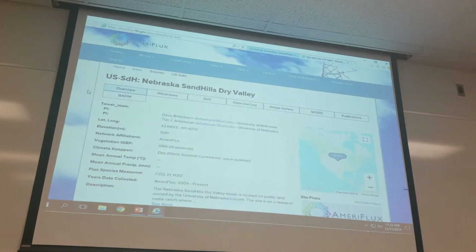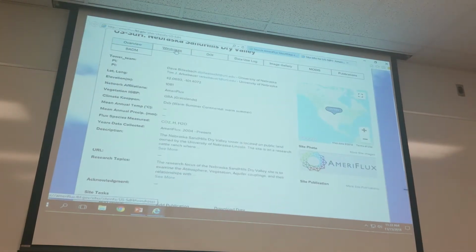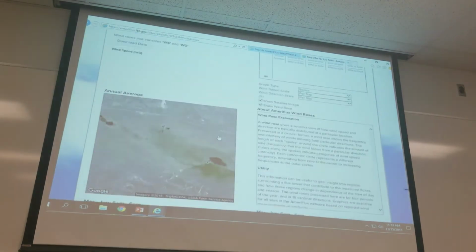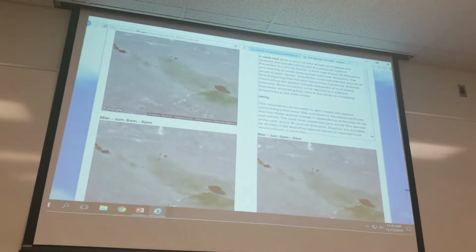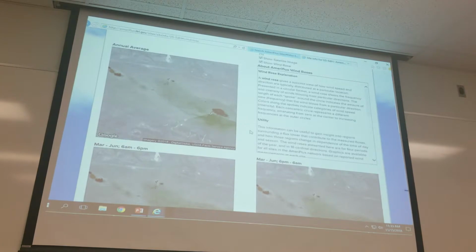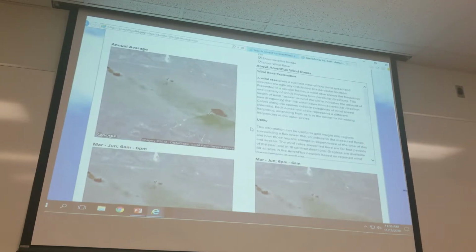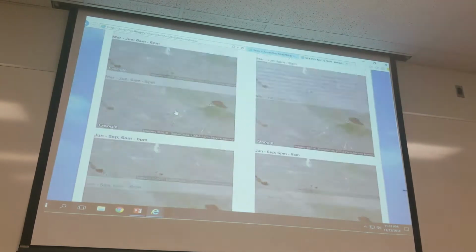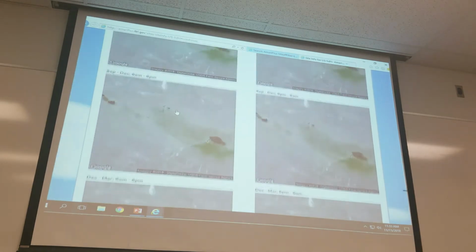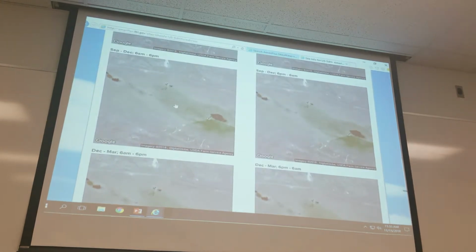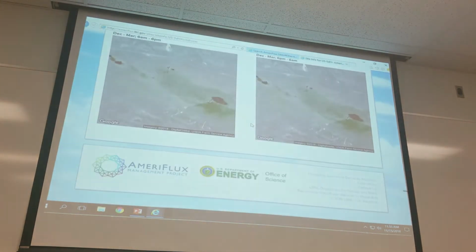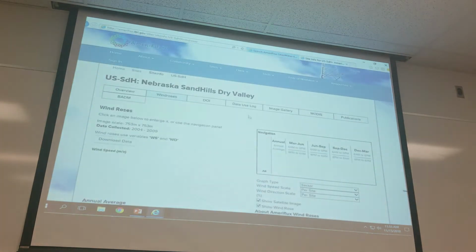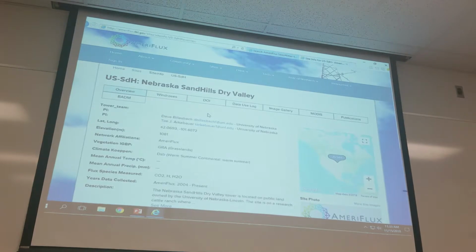So this is for our Sandhill site, for example. When I looked this morning, there were windrows in the center. But the data are freely available.